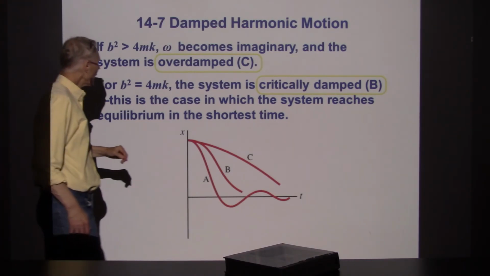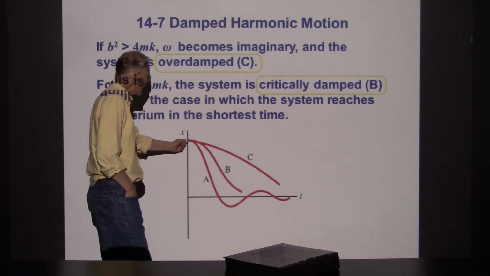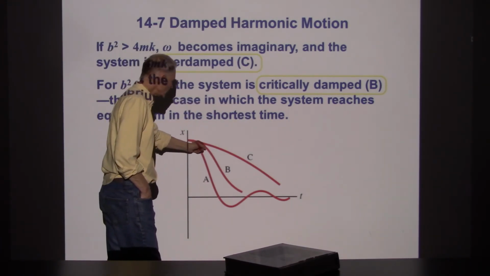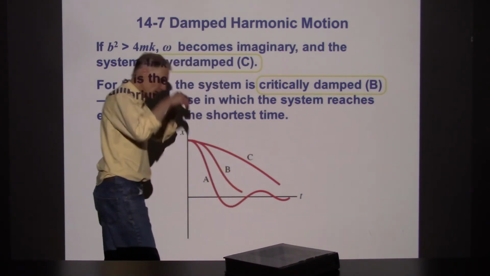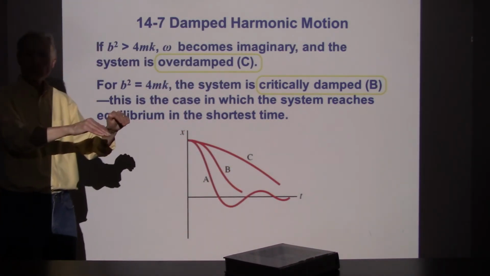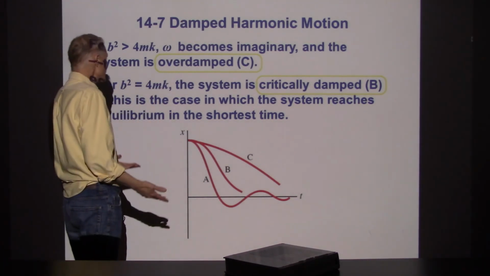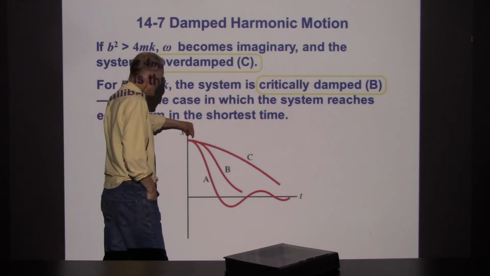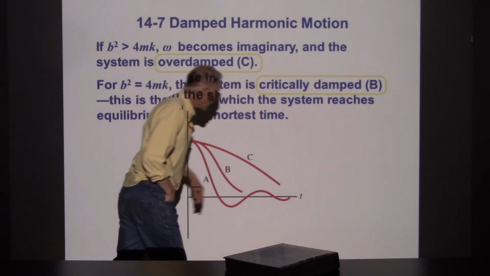Instead, if you put in what's called critical damping, then the object just returns back to equilibrium with an exponential approach. It asymptotically approaches equilibrium. If I put even more damping in, it slows that process down so that it takes even longer.